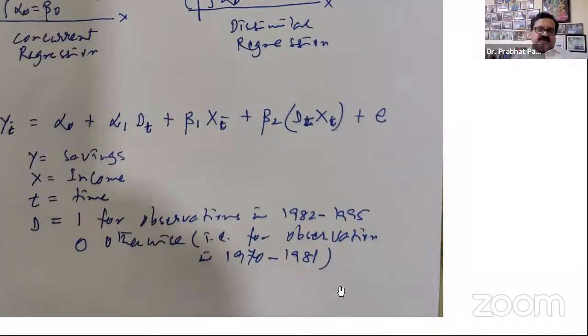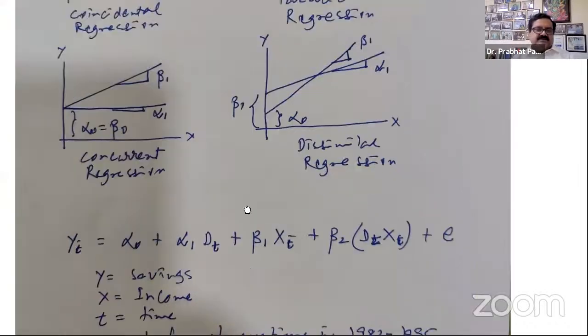So we'll put 1 if the observation belongs to 1982 to 1985, the second period, and we'll put 0 otherwise, that is for the observations from 1970 to 1981. So any observation from 1970 to 81 will get the value 0, and any observation from 1982 to 1985 will get the value 1. So that is the dummy we are creating by dividing this whole time series into two segments. That's how the dummy is to be created.